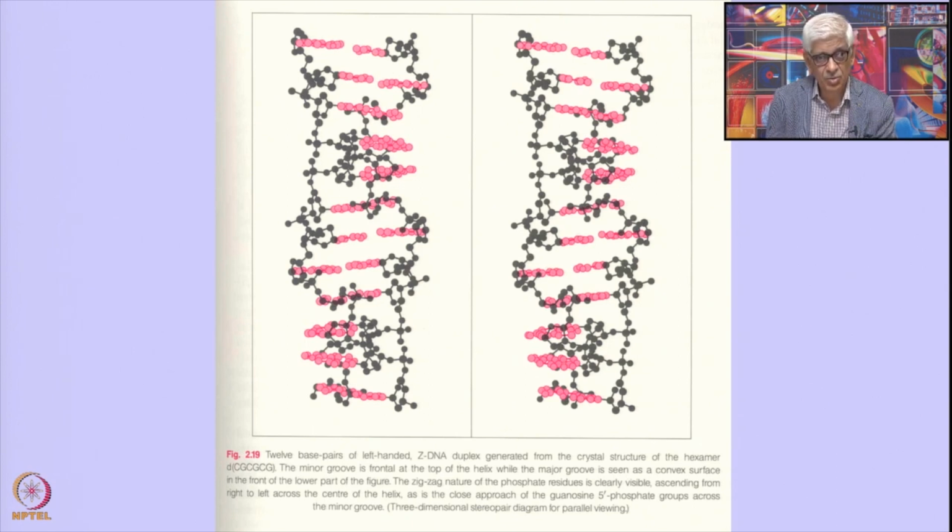And these are typically observed whenever there is a high concentration of salt. And why did they do it? Of course, just curiosity, and they discovered this, and then of course it became an important point.